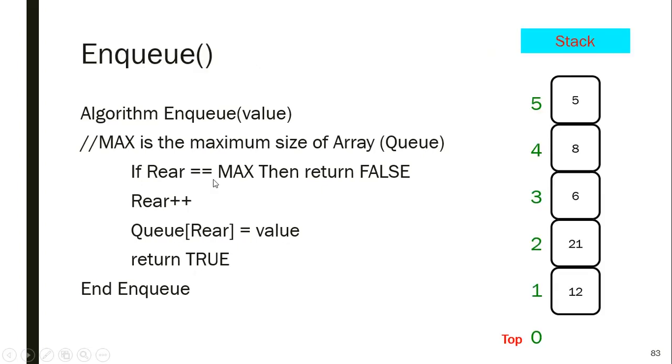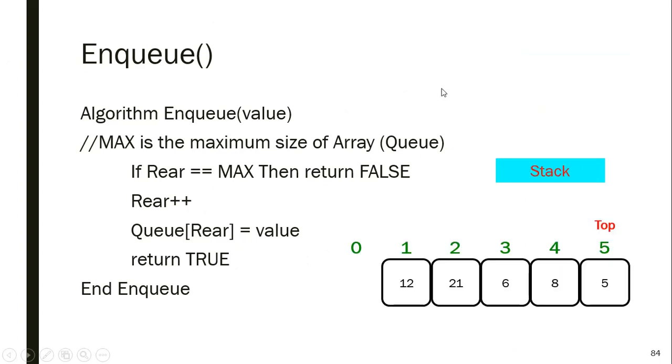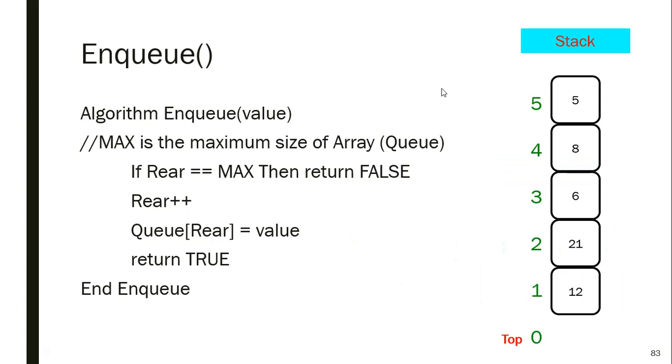So let's have a simulation. But first let me introduce how it works. See, this is a stack. The stack is in a vertical position. It is an array starting from 1 to 5, and 0 indicates that there is no value in the array if top is equal to 0.